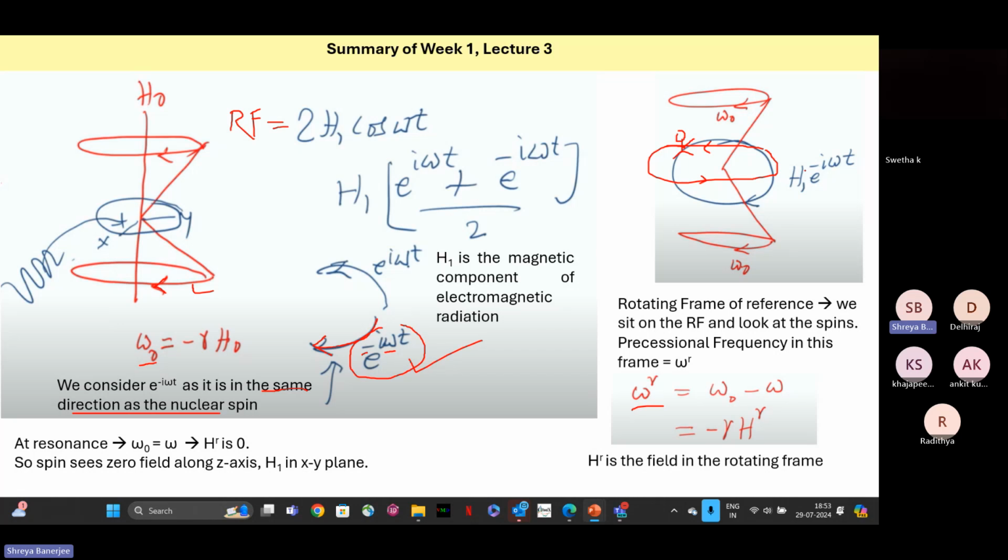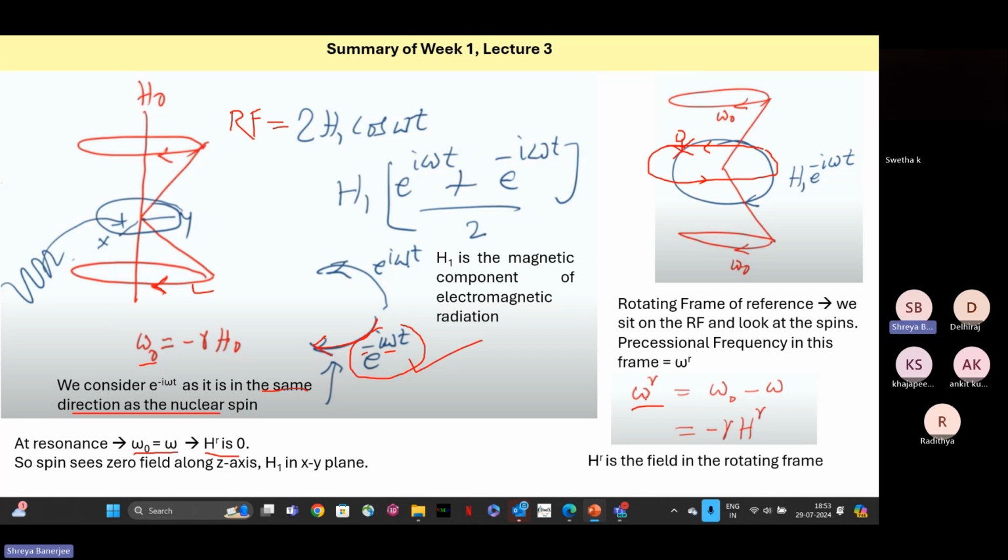In this rotating frame of reference, if the frequency of the observer and the frequency of the Larmor precession are the same, then the net magnetic field observed by the observer is 0. So if omega naught minus omega is 0, that is, omega naught and omega are equal, then HR is 0, where HR is the magnetic field in the rotating frame of reference.